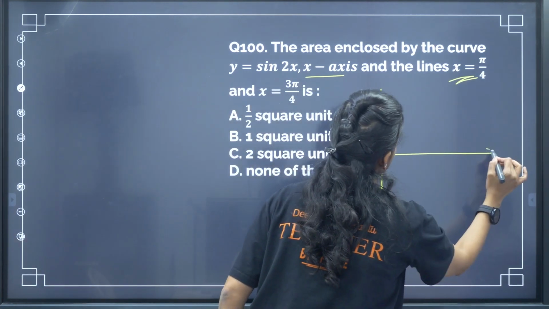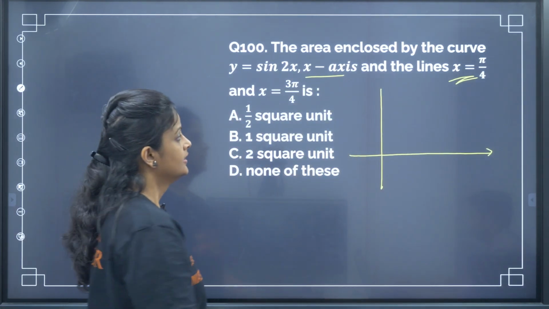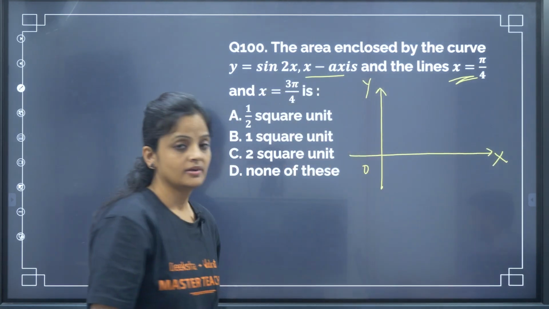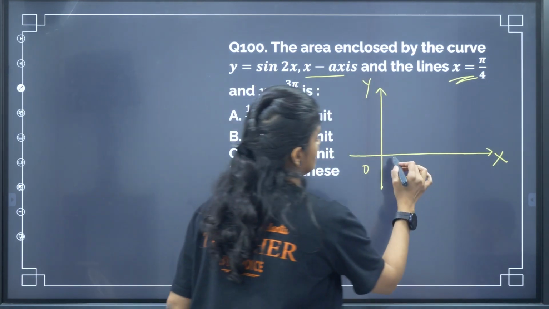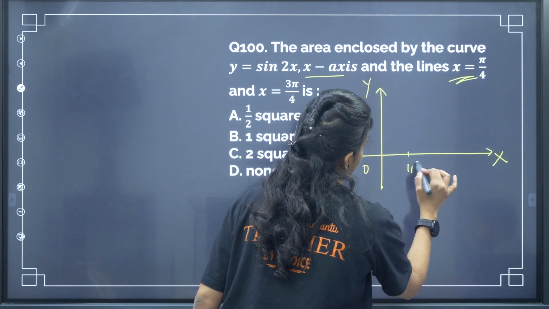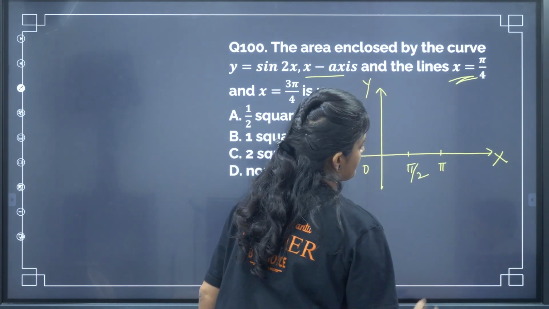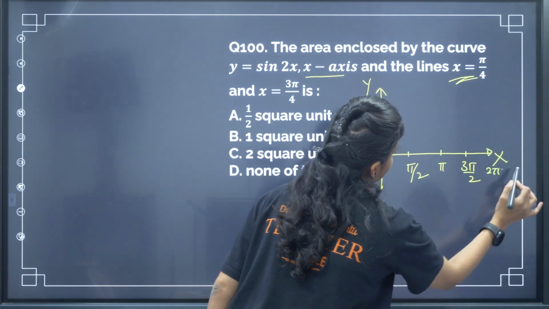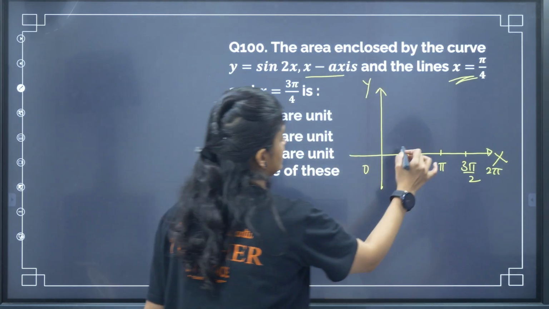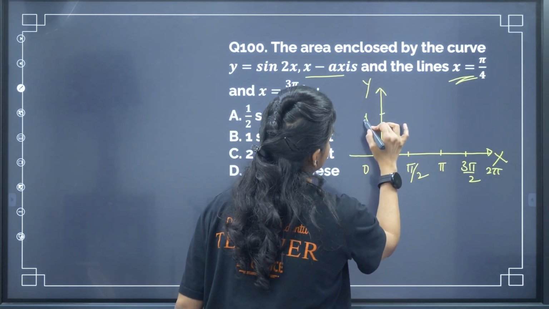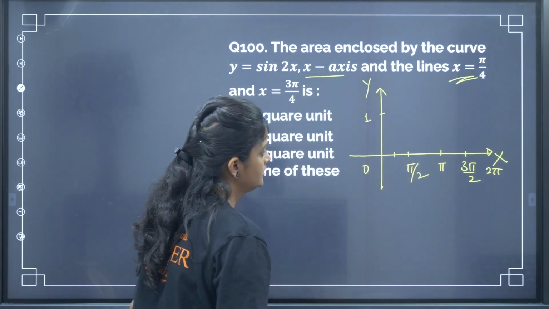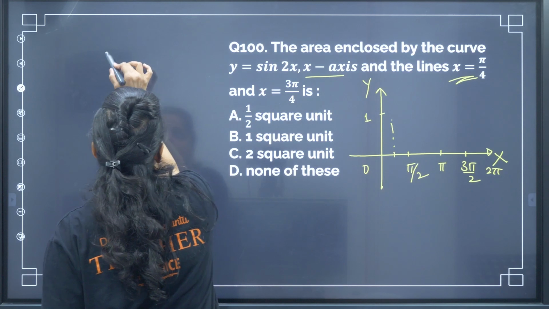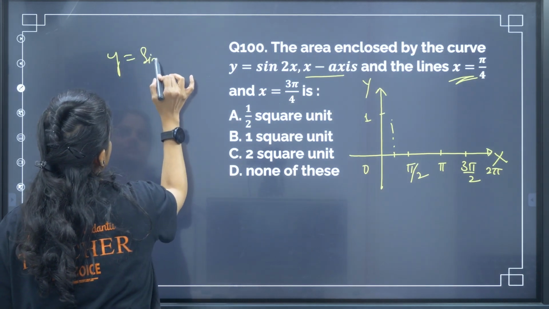Graphically if I see this, anyway we have a shortcut for this, but still if I take a graph, this will be pi by 2, pi, 3 pi by 2 and 2 pi. It takes a maximum value 1, and because it is 2x, y is equal to sin 2x.